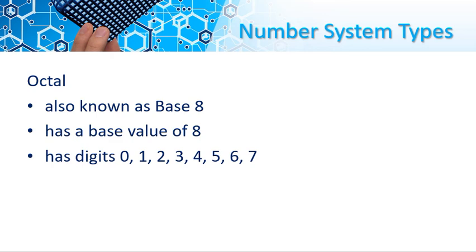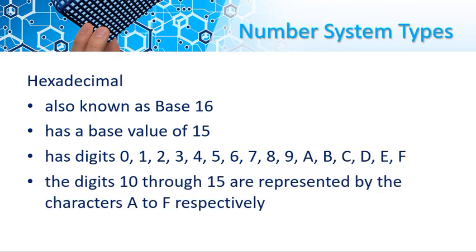Next is the octal, also known as base 8. It has a base value of 8, with digits 0, 1, 2, 3, 4, 5, 6, and 7. Then last, the hexadecimal, also known as base 16.